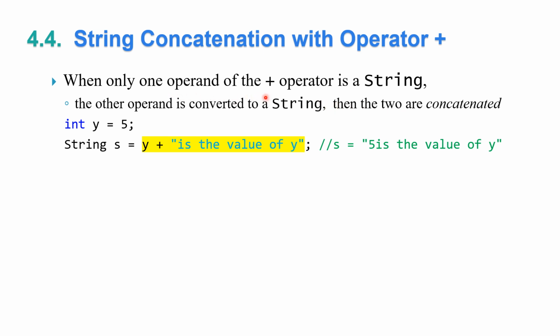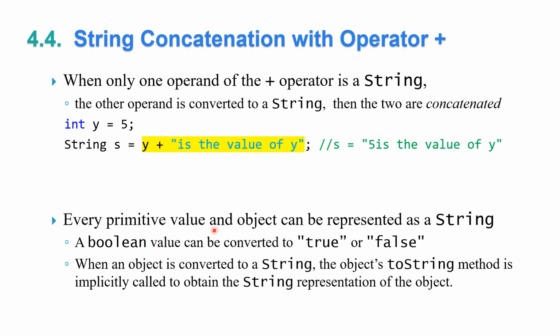When only one operand of the plus operator is a string, then the other operand is converted to a string, and then the two strings are concatenated. Note that every primitive value and object in Java can be represented as a string. In particular, a Boolean value can be converted to string "true" or string "false".